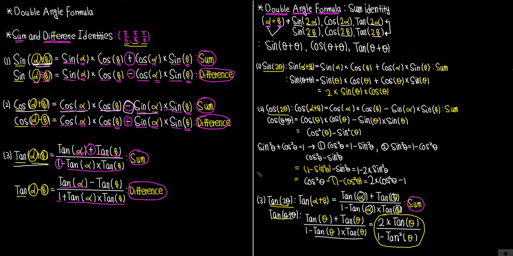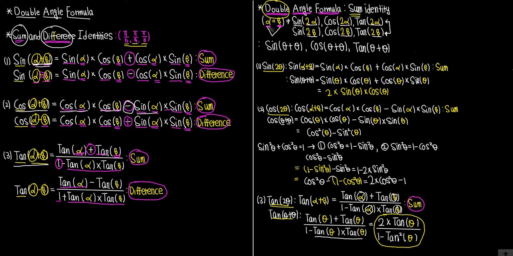So let's review what we did here. Firstly, the double angle formula originated from the sum and difference identities of trig values, and we reviewed the sine, cosine, and tangent sum and difference identities. But when we're actually thinking of the double angle formula, that only works for the sum identities.